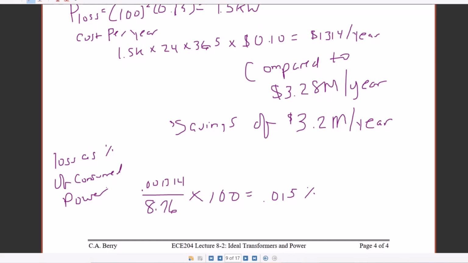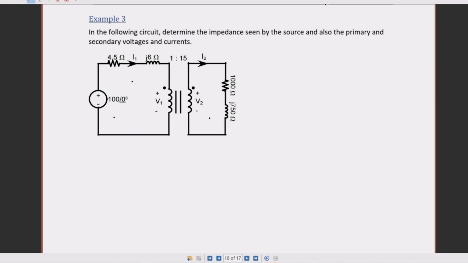Are there any questions? One more, and I'm going to do reflection with this one because I know that Miguel had asked me about solving a problem using reflection this morning. I don't have to do reflection to solve these problems. I could always just write a KVL equation for the left mesh, a KVL equation for the right mesh, and then just write the numeric equation relating V1 and V2, I1 and I2, and solve it.